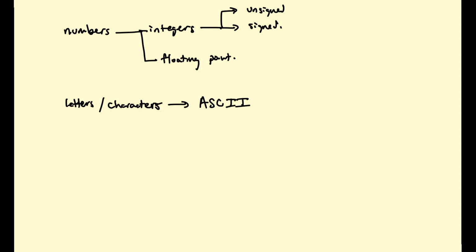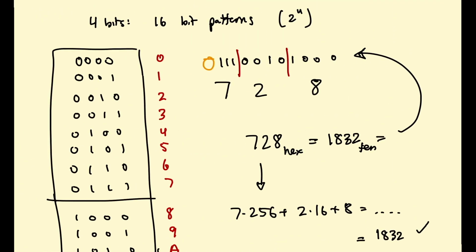Okay, so unsigned integers are the easiest to deal with because we're not going to include the possibility of there being negatives. We'll just have numbers. So those work basically like what we already did. Let's go back to the previous page.